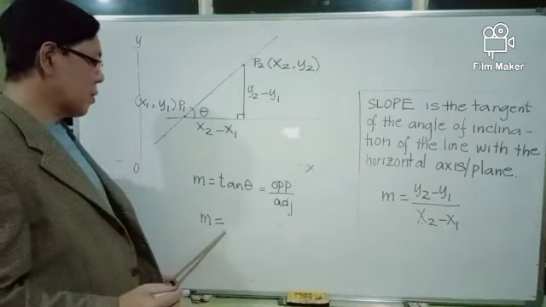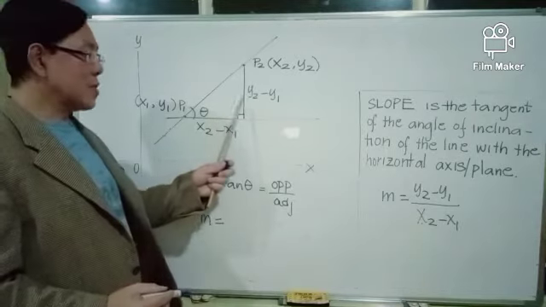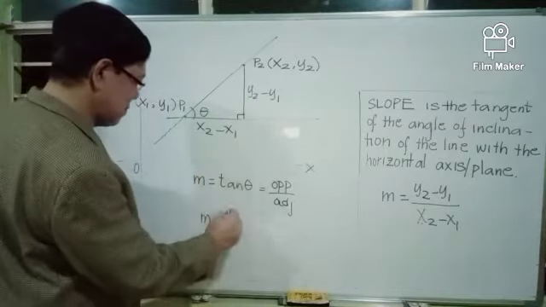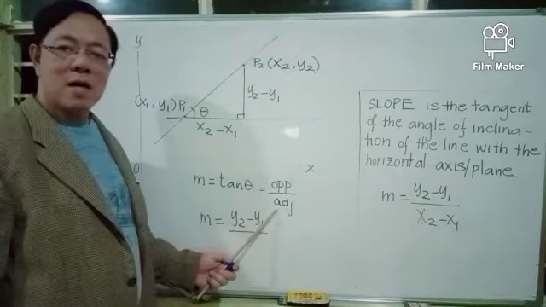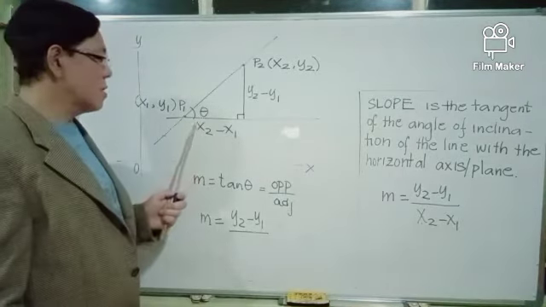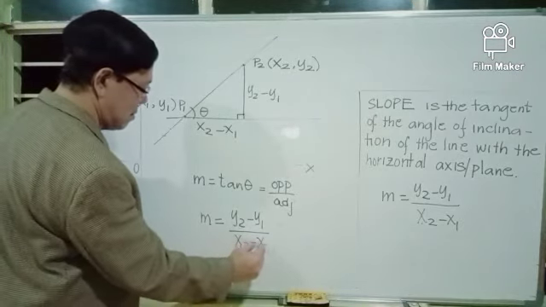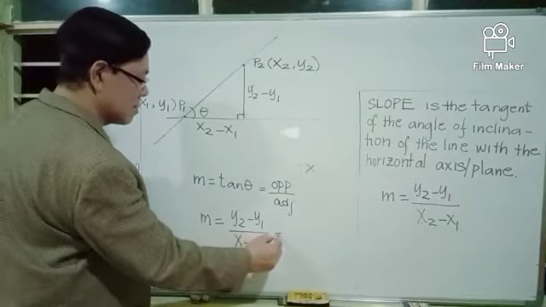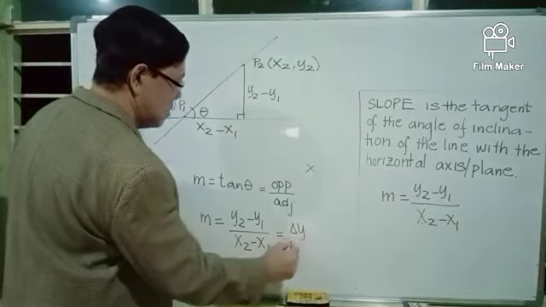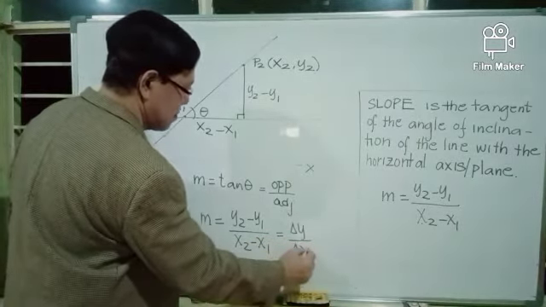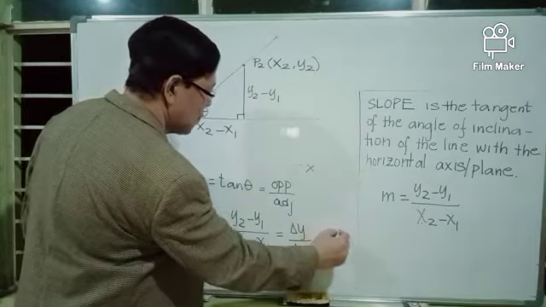Hence, the slope m equals the side opposite the angle of inclination, which in our diagram is given by y2 minus y1, divided by the side adjacent to the angle of inclination, which is given by x2 minus x1. This is often denoted by delta y over delta x, which is often written as rise over run.